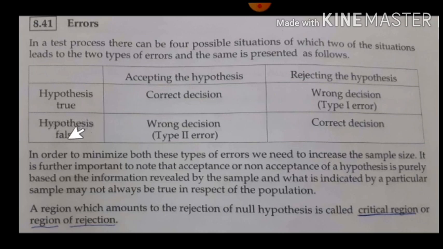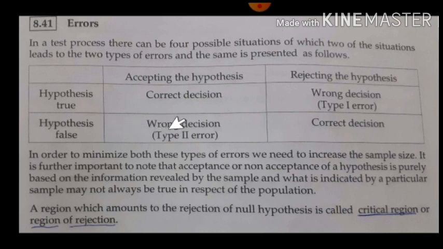Another possibility is, there are two possibilities. With the hypothesis being true, if you accept it, that decision will be correct. If you reject, an error has occurred. Such a type of error is called type 1 error. Now the second one: if the hypothesis is false, a false assumption, and you are accepting it, that is a type 2 error.